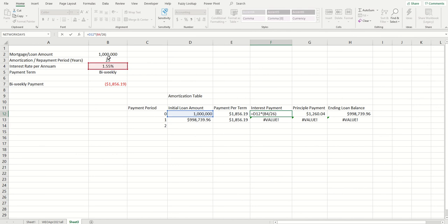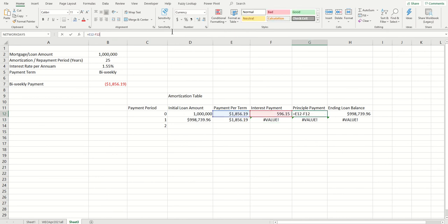Interest rate is here, right? So let's fix this reference: $B$4, enter. This one would not cause any problem because it does not have to be fixed, and this one is the same. It'll be okay. So let's do copy down again. Now this looks good. All right, 25 years, right?